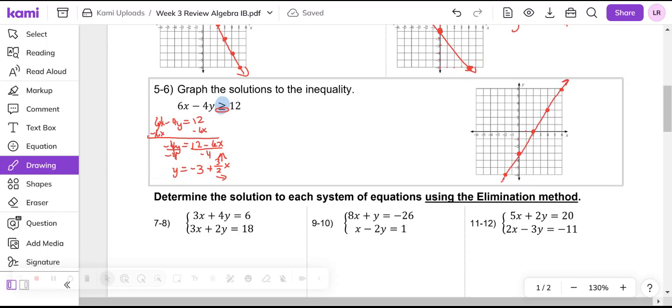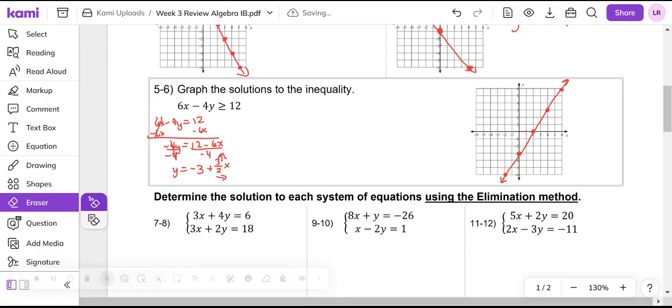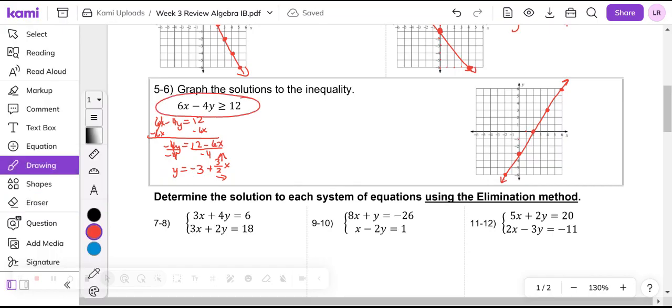And then we test a data point. When we test a data point, we need to make sure that we are using the original inequality. Now, remember, I like to use 0, 0. Whenever 0, 0 is on my line, I wouldn't choose that one to test. So let's see if 0, 0 is on the side of the solutions.